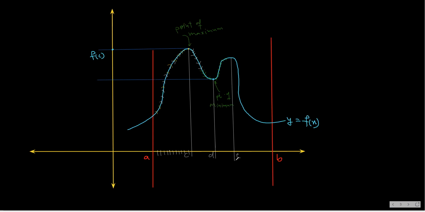And then again I'm reaching point of maximum. See, again here I'm reaching point of maximum. So what you understand is that there are 2 points of maximum. Yes, what you are saying is true. There are 2 points of maximum. Now see, this is something which normally troubles students. There are 2 points of maximum.